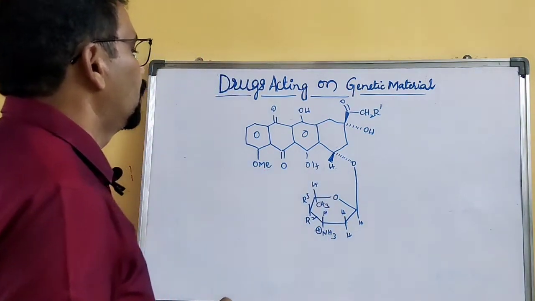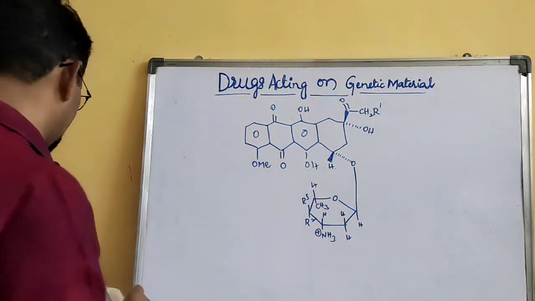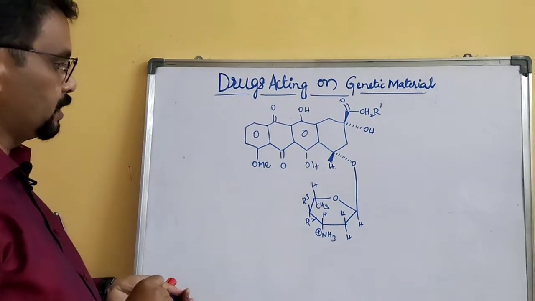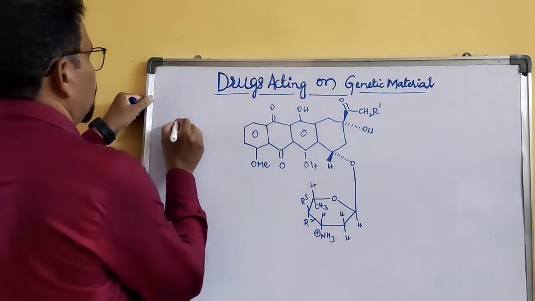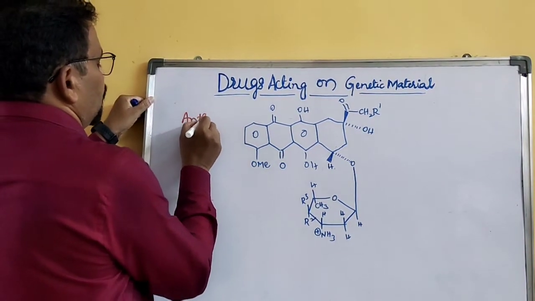So this is the structure of tetracyclines. Okay, this is the structure of anthracyclines.